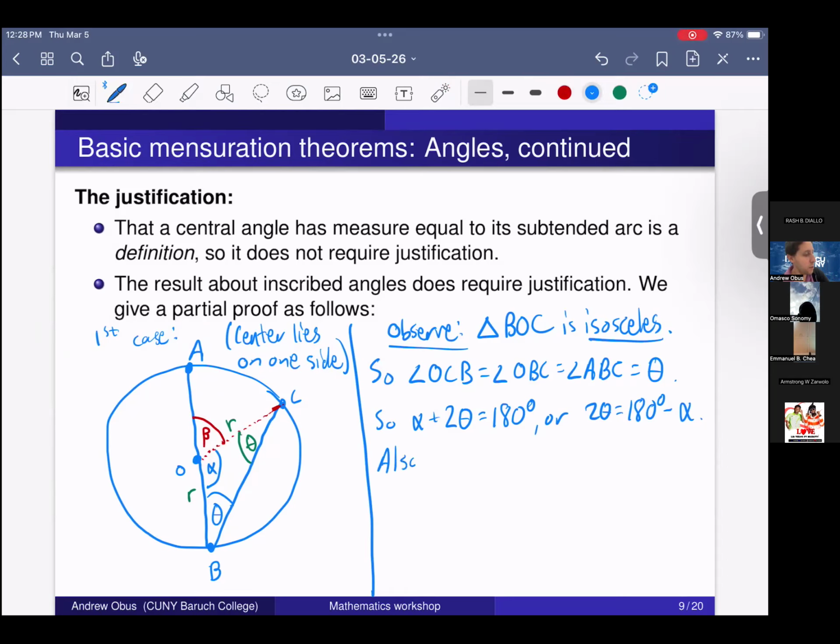So I'll say also alpha plus beta equals 180 degrees, or beta equals 180 degrees minus alpha. Because you add these two things up on a straight line, they've got to be 180 degrees. So here you've got a triangle is 180, and here you've got that a straight line is 180.